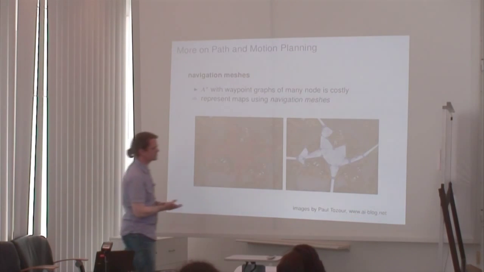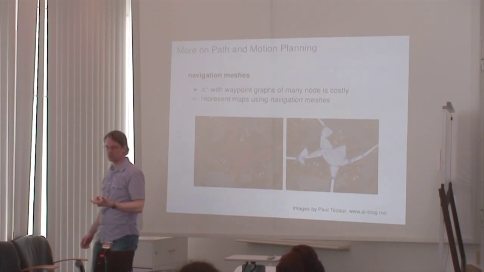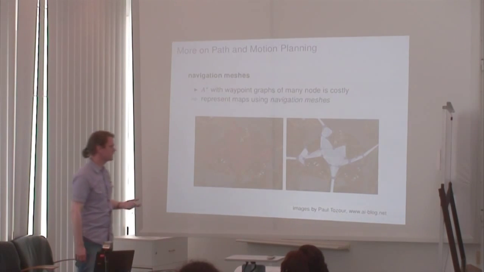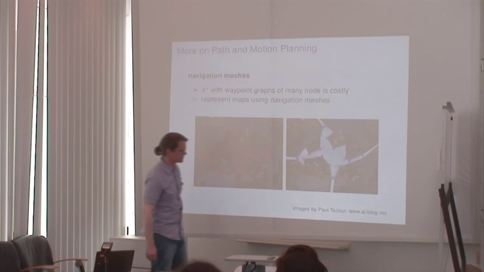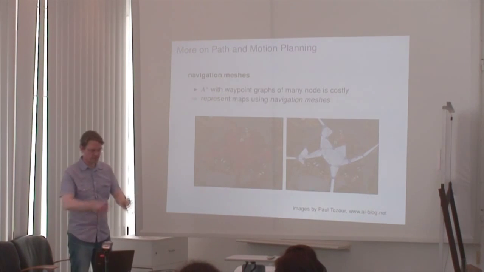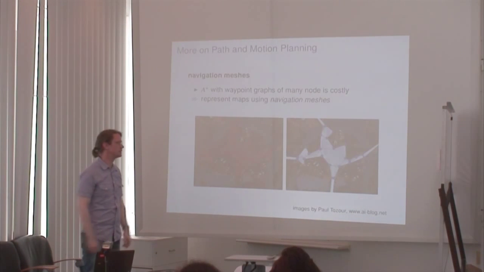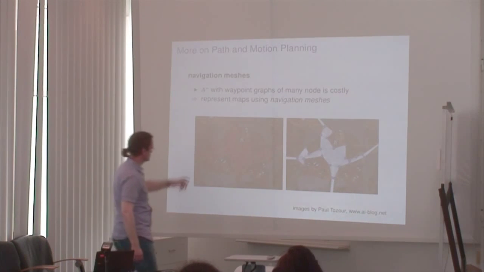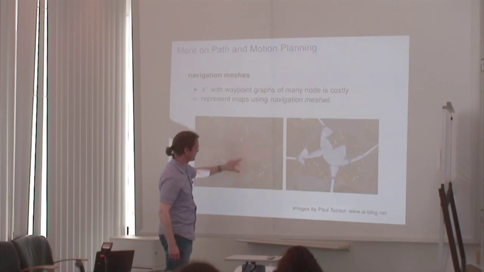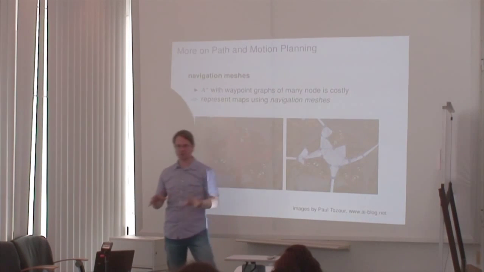This is basically to say that what we see here is a collection of convex polygons, and each two adjacent polygons actually meet in an edge, not just in a vertex but in an edge. Compared with the number of waypoints, the number of meshes is rather small.